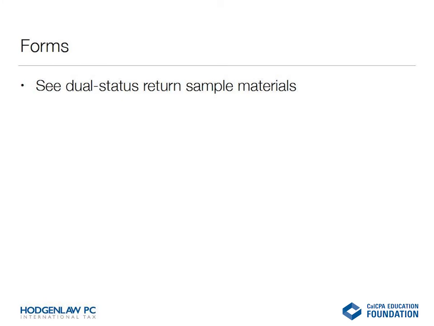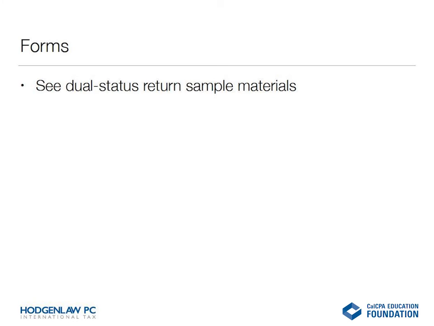So for most people, this means an FBAR, reporting foreign bank accounts. For many people, this means Form 8938. And if you look specifically at the Form 8938 instructions, it tells you for the portion of the year that you're a U.S. resident to report your foreign bank accounts, foreign financial assets, everything you would normally report on the 8938.